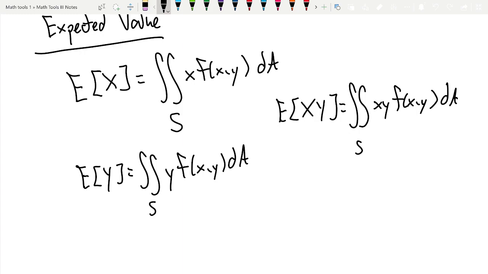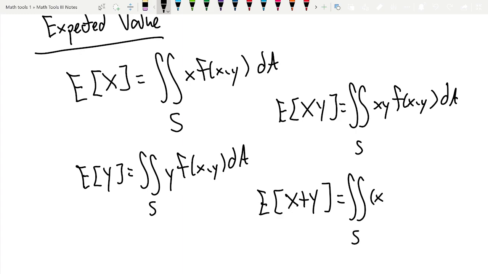Maybe instead of finding the probability that x plus y is less than or equal to 90, maybe you want to know what the average combined waiting time is. So you find the expected value of x plus y, and then it's x plus y times f of x y dA. It's going to be a little more complicated because then you're going to end up with two integrals that require integration by parts, but doable using the techniques that we've come up with so far.